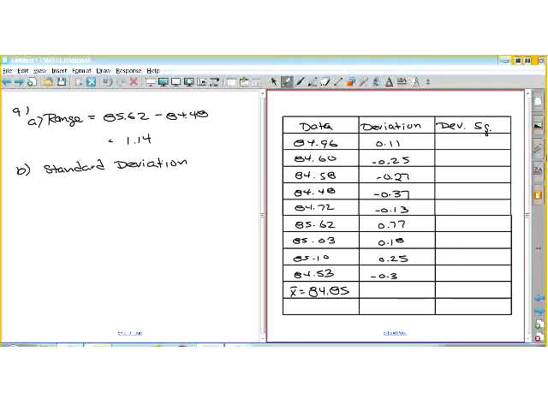So I got this one was wrong. So let's try it again. So just adding column 2.